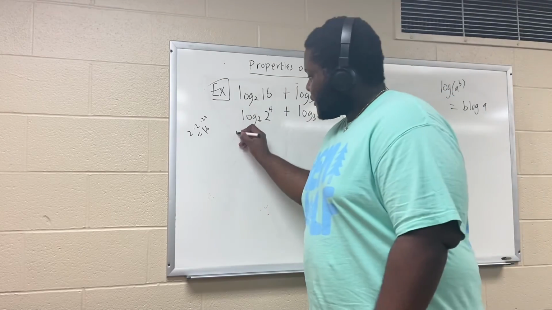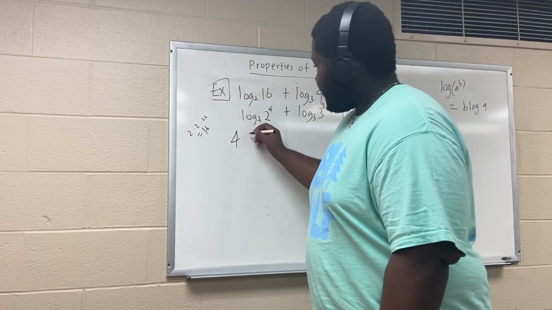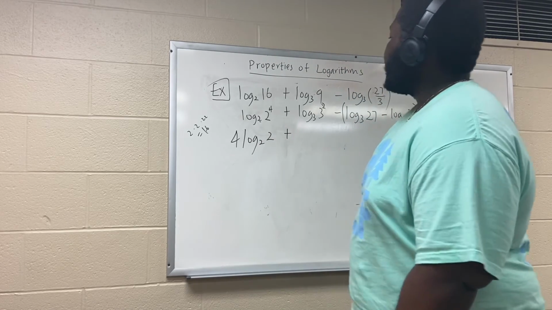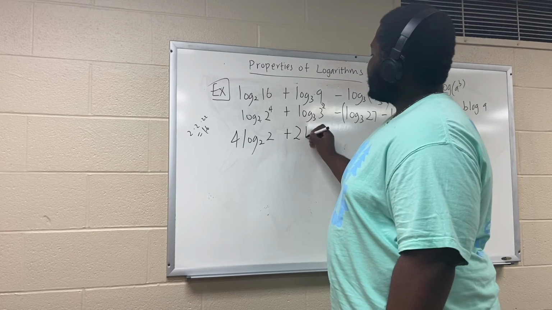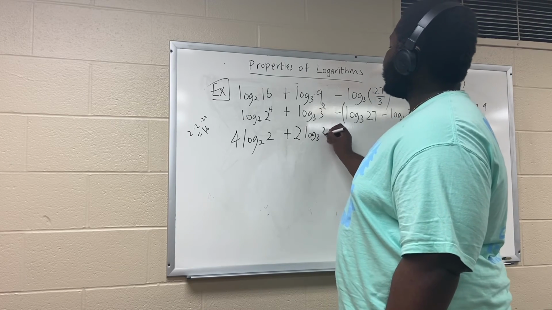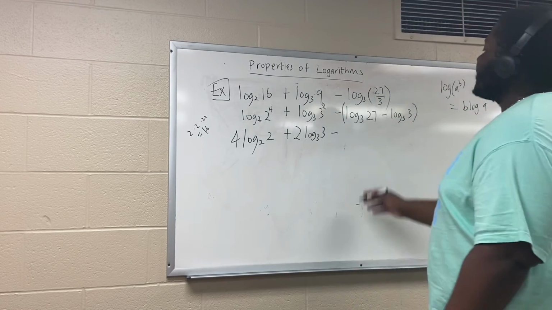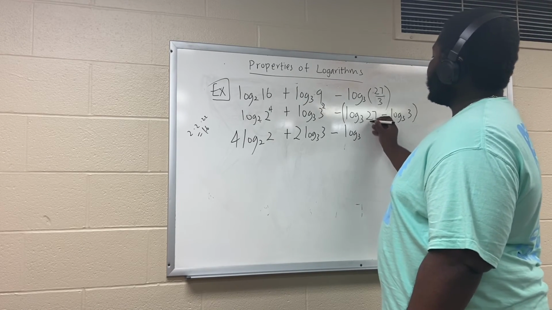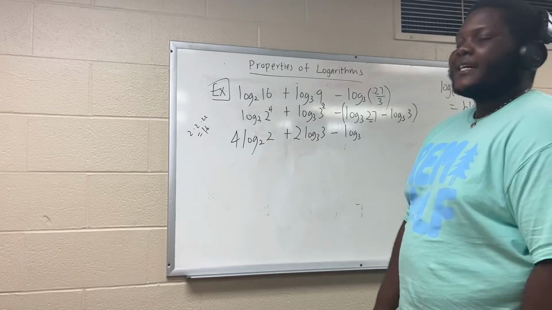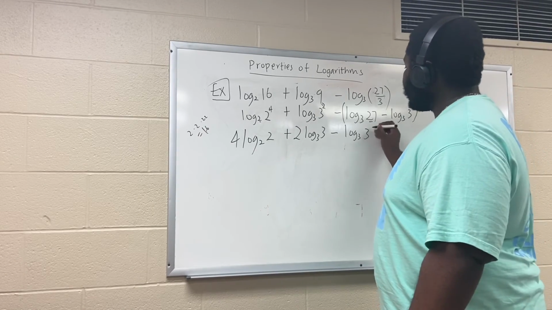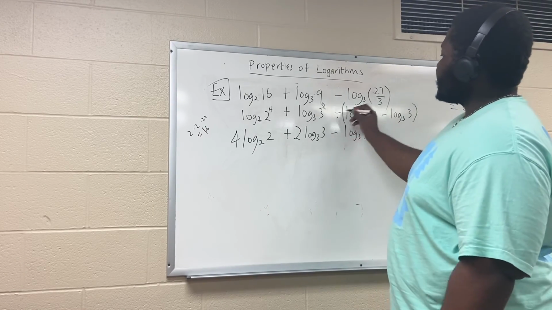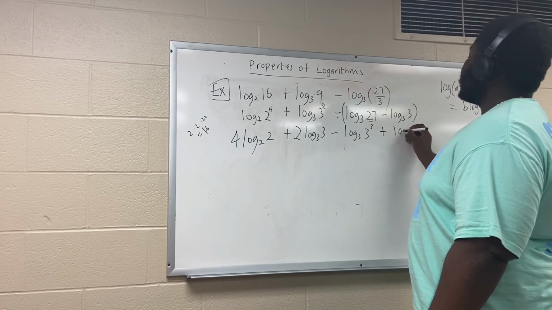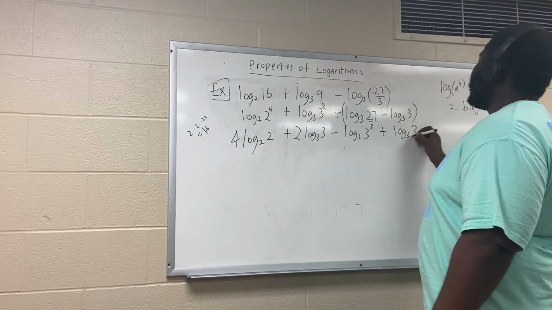So we bring the 4 to the front: 4 log base 2 of 2 plus 2 log base 3 of 3 minus, for 27, we can rewrite that as 3 to the power 3. So the negative cancels out and becomes a positive, and we can just rewrite log base 3 of 3.